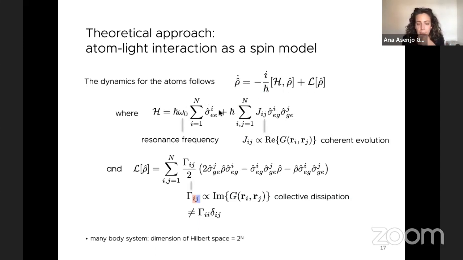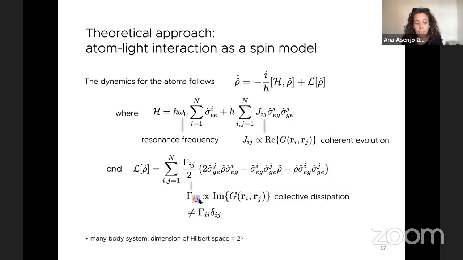The Hamiltonian has a part that tells us about the coherent evolution, and is related to the real part of the Green's function, the propagator of the photons between atom i and atom j. The Lindblad part is proportional to the imaginary part of the Green's function, and this accounts for collective dissipation. An interesting thing is that it depends on the positions of these spins, of these atoms. That's why it's collective.